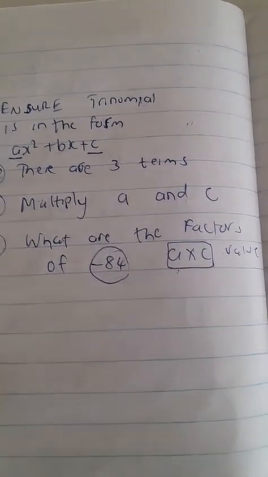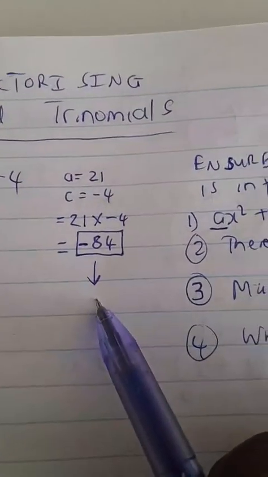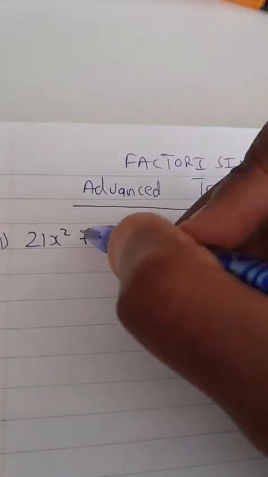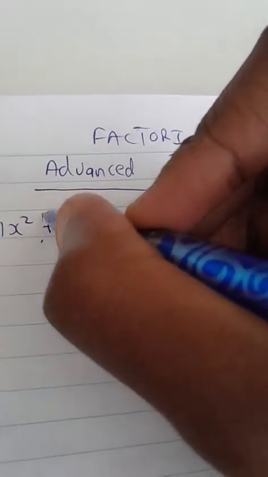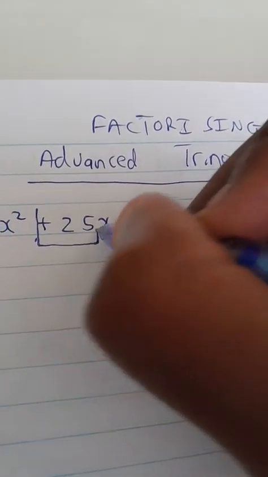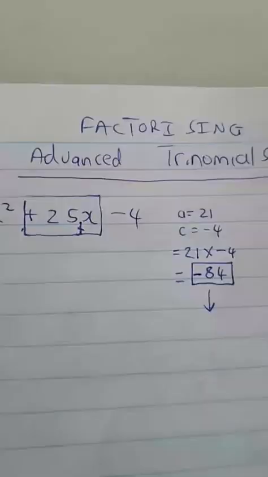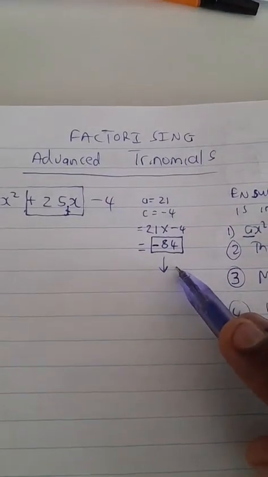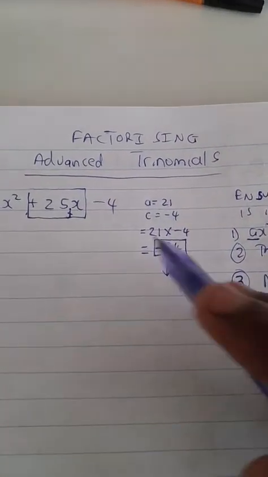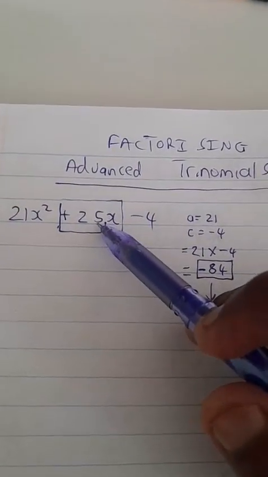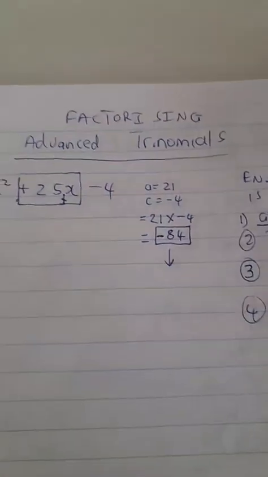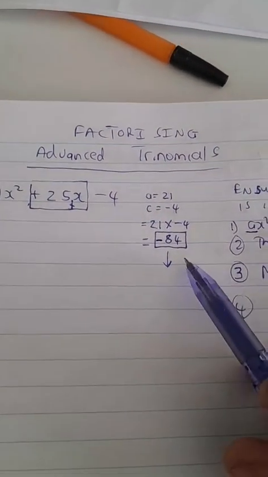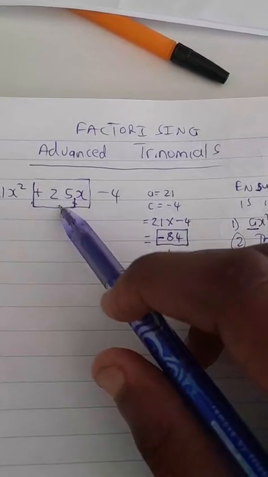Listen to the logic. These factors of this number, when we add them, they need to give us plus 25x. Factors of negative 84, when we add them, they need to give us positive 25.